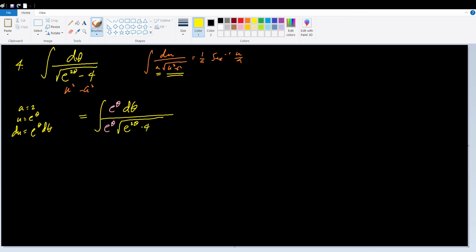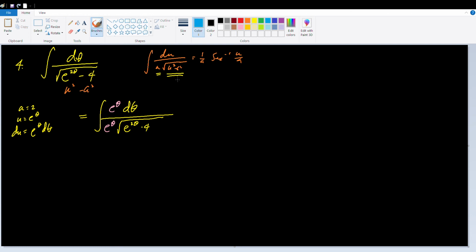Introducing e to the theta in the numerator and in the denominator will not really change our integrand. So we're doing that in order to complete the differential as well as the function u outside the radical. So clearly, we have rewritten our integral into the form du all over u.